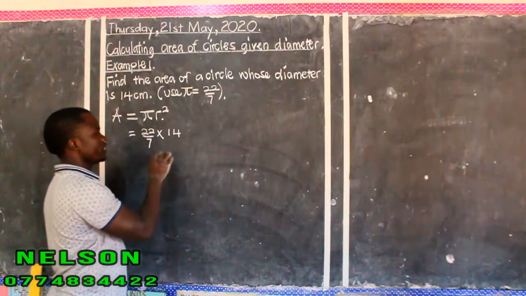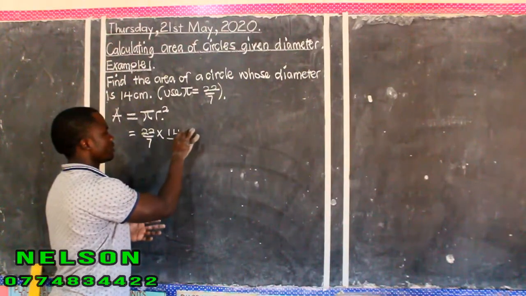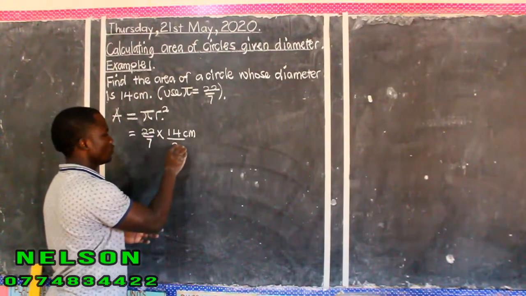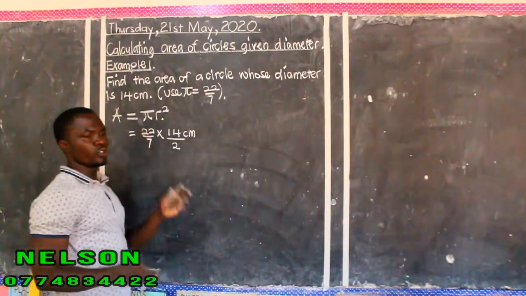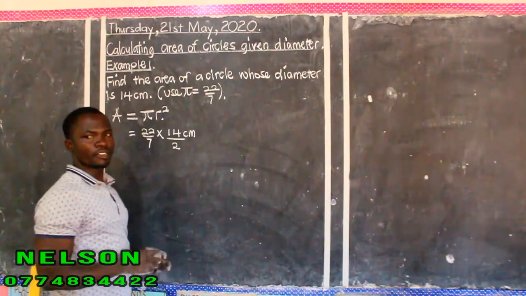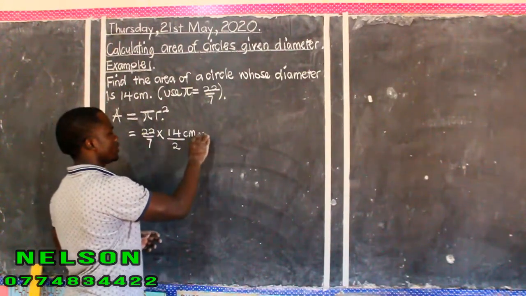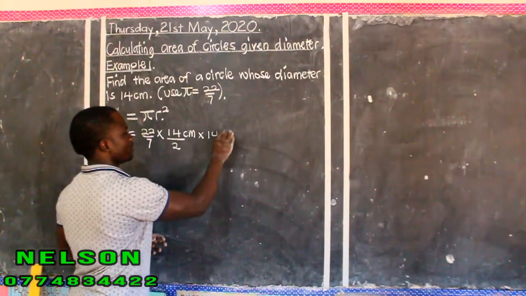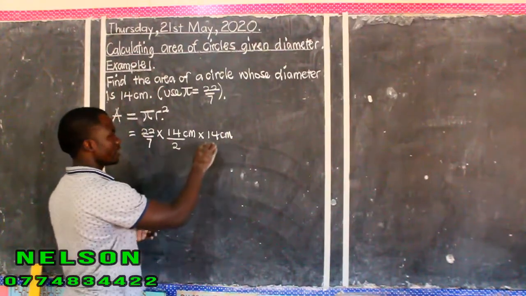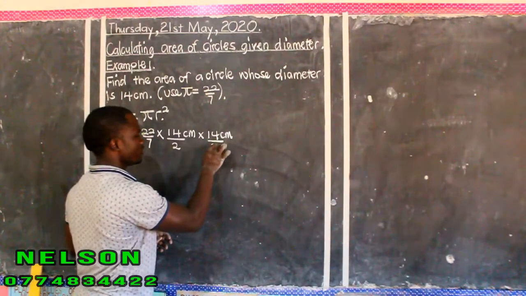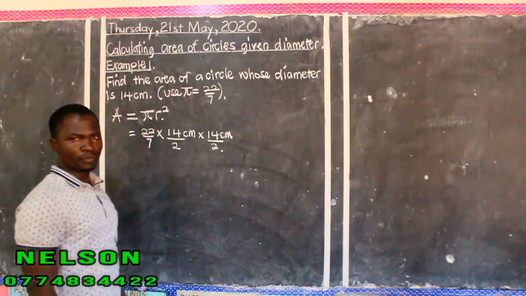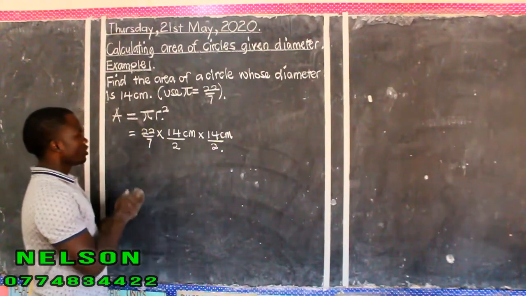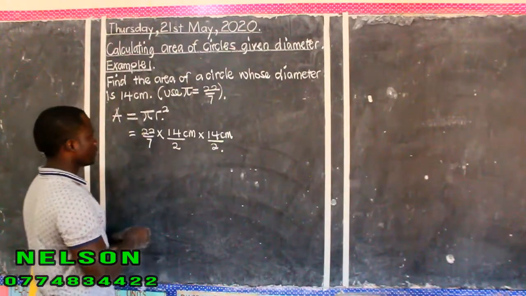We get 14 centimeters out of 2. The moment you divide the diameter by 2, it has now become the radius, times 14 centimeters, which was the diameter, and then you divide it by 2, it has now become the radius. Okay?